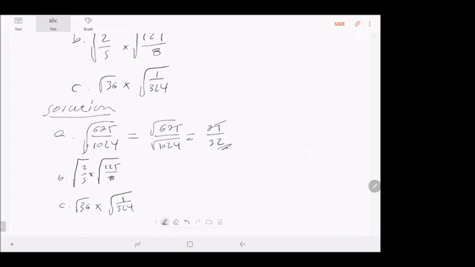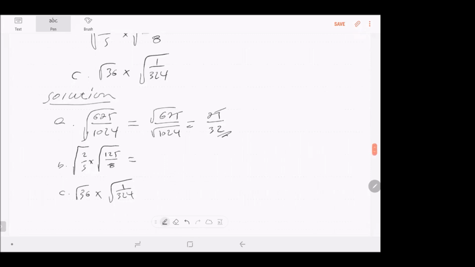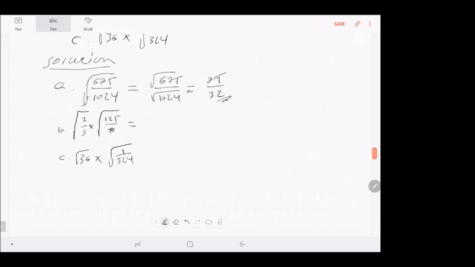Go to the second one. 25 over 4, not. Do it again. Remember, this expression can be written as what?